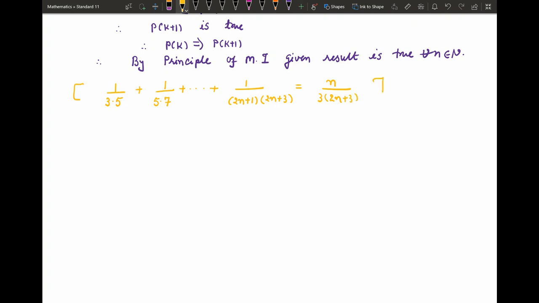So this result one can prove using the principle of mathematical induction. We take the next example.